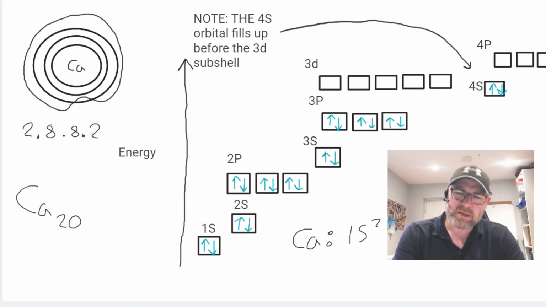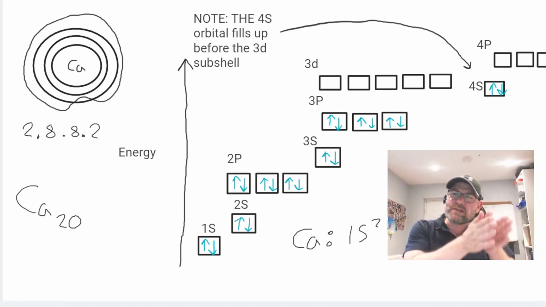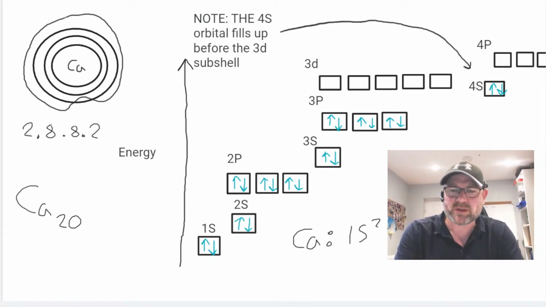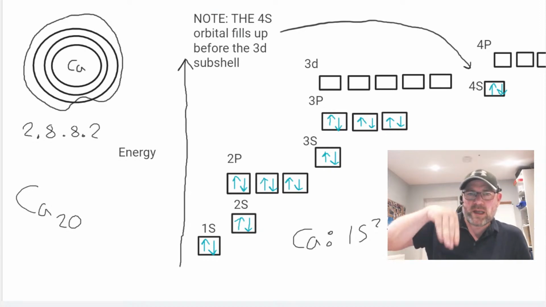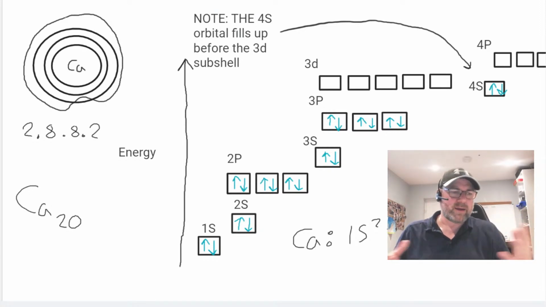Now this doesn't give you as much information because you write 2p6, and so you can't see that there's 2 in each of the 3 orbitals, but you can imagine that. 3s2, and then 3p6, and now it gets a bit weird. We're supposed to go to the 3d, but instead we go 4s2, and the 3d is actually after the 4s. So a little bit weird. We dip into level 4, so that's why A level's tricky.